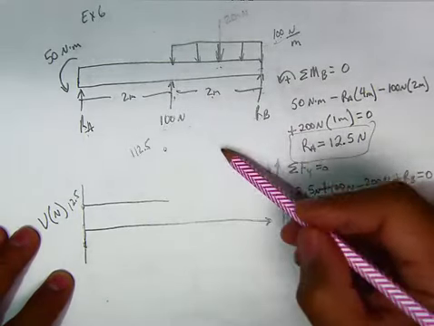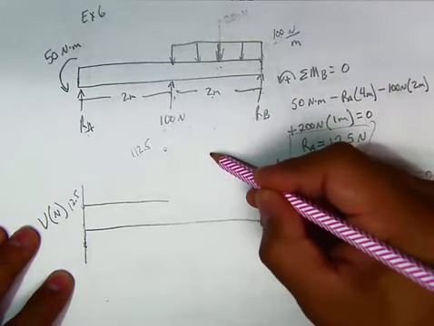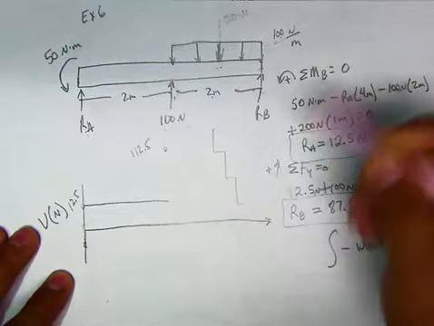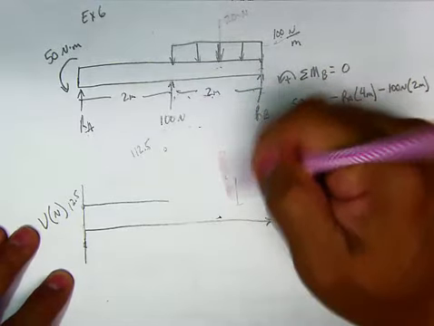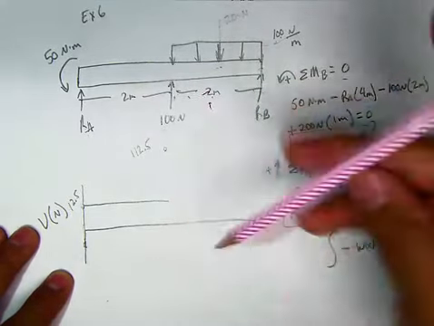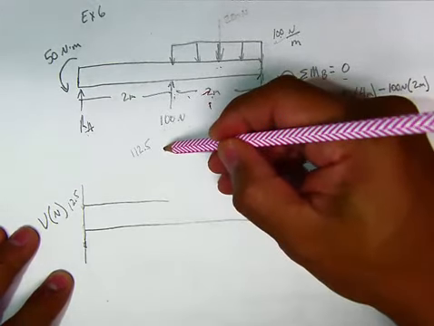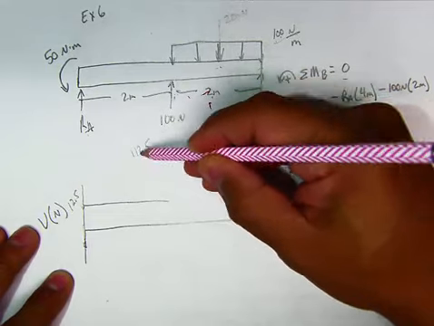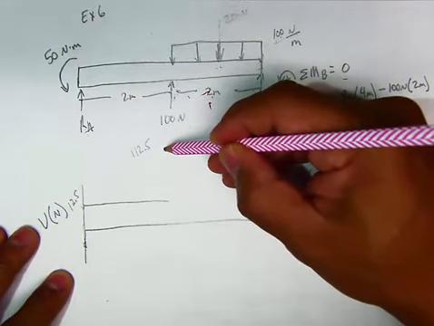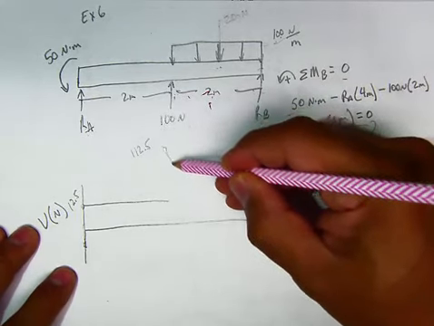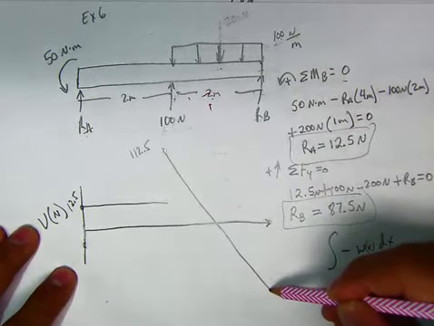So for every 1 meter, it drops down 100, rise over run. So the fact that you go 2 meters, it drops down 200. So if we are at 112.5, it's going to go all the way down here.